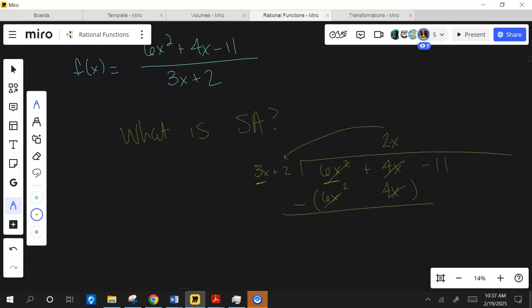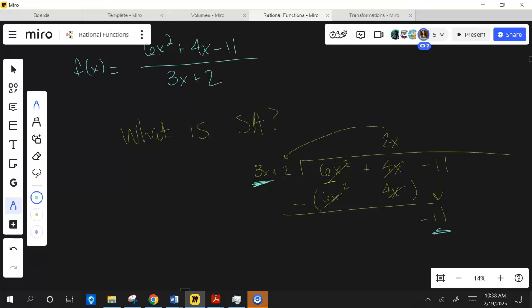That's the rules for the division. And then I bring down the next term. In this case, my x is canceled out. What now do I multiply 3x by to get 11? You can't. That is my remainder.